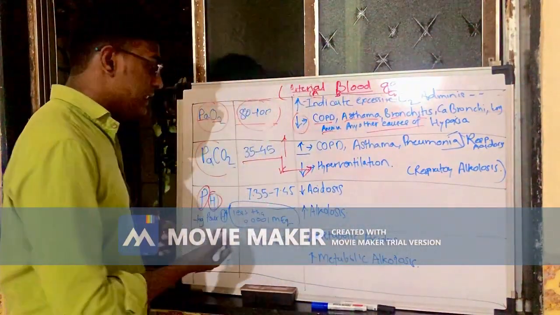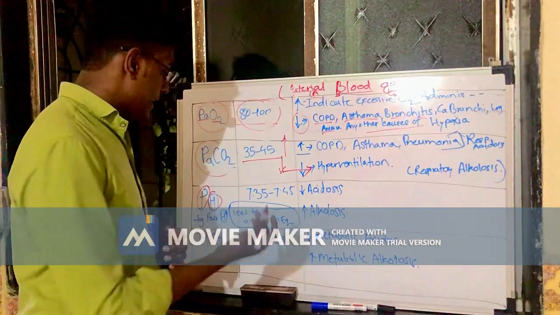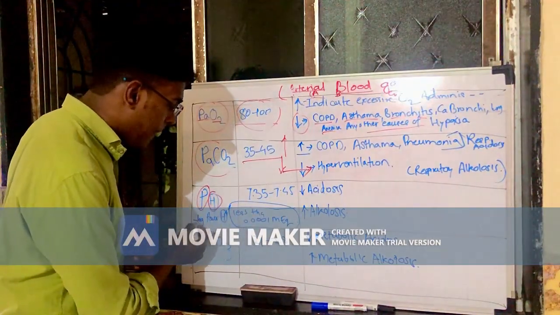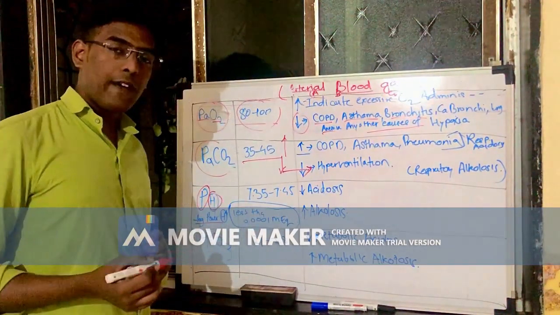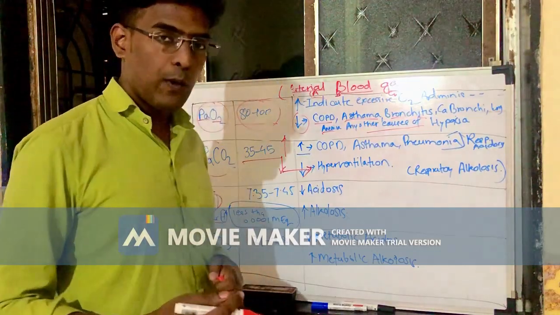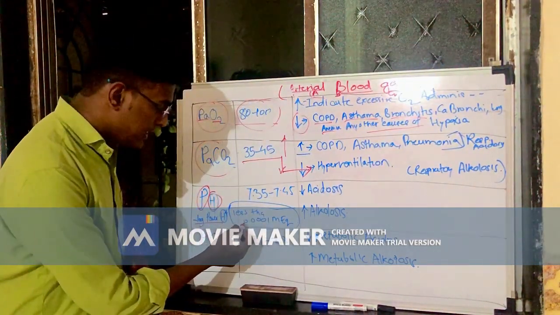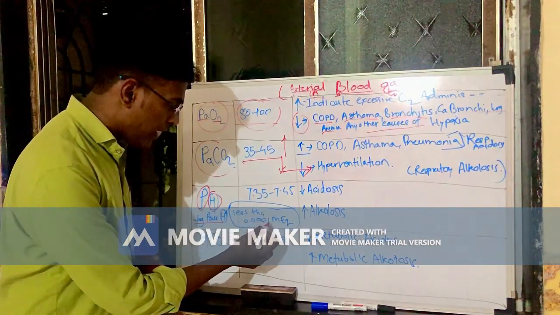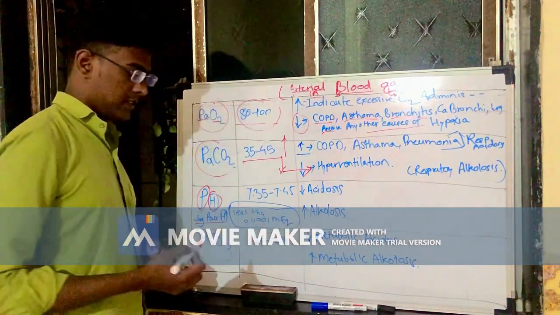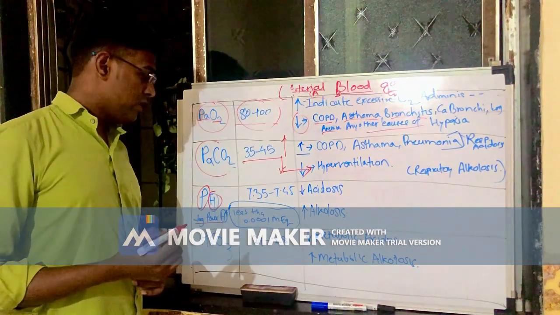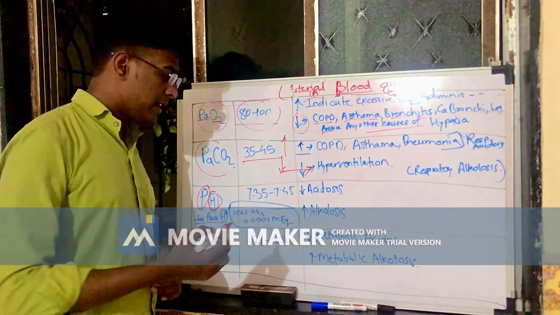But at the end, the person who invented it gave the result as minus log of hydrogen ion concentration, that is 7.4. I have written some value over there. You can see 0.0001 milliequivalent. So what is the normal range of hydrogen ion in the blood?